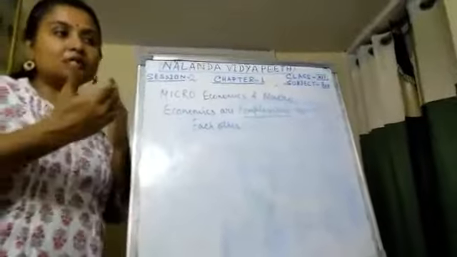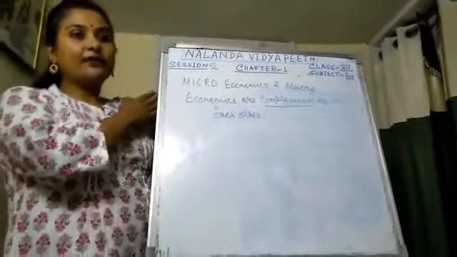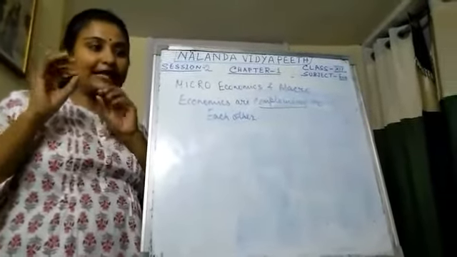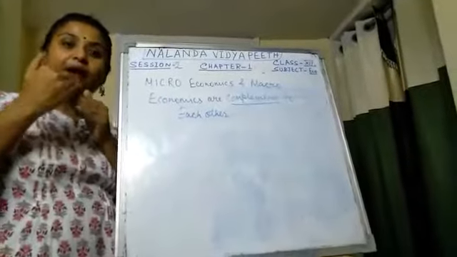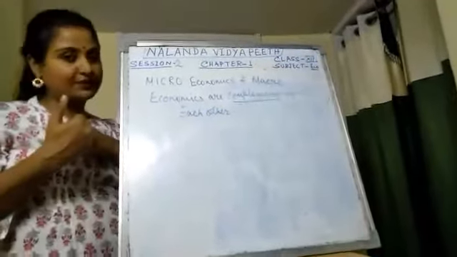So you cannot distinguish that this is completely a microeconomics chapter or completely a macroeconomics chapter. No, not like that. Microeconomics requires macroeconomic support also, and macroeconomics requires microeconomic support.